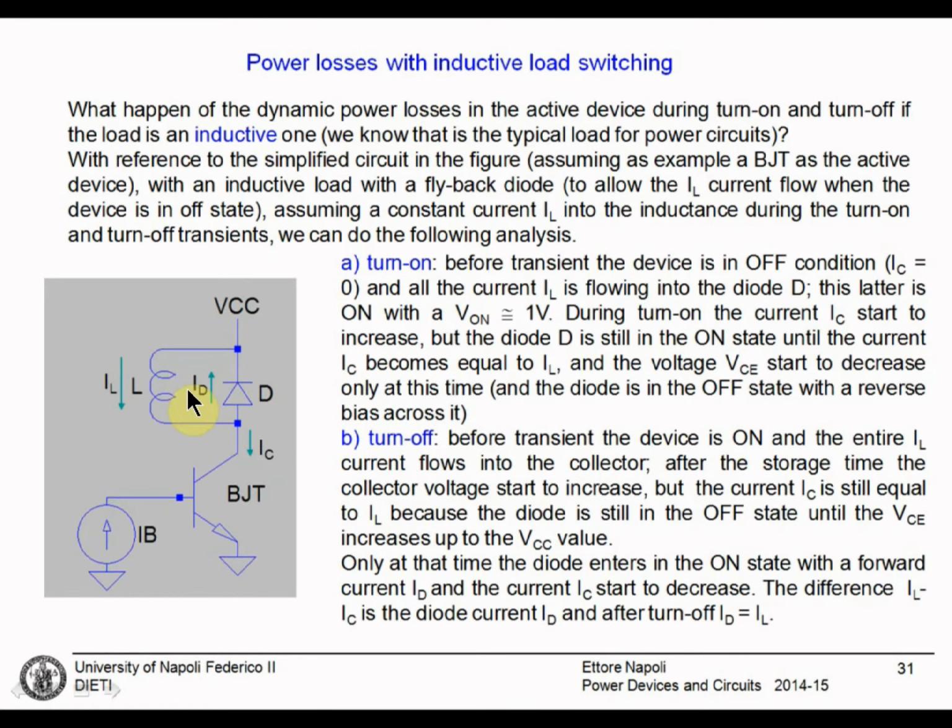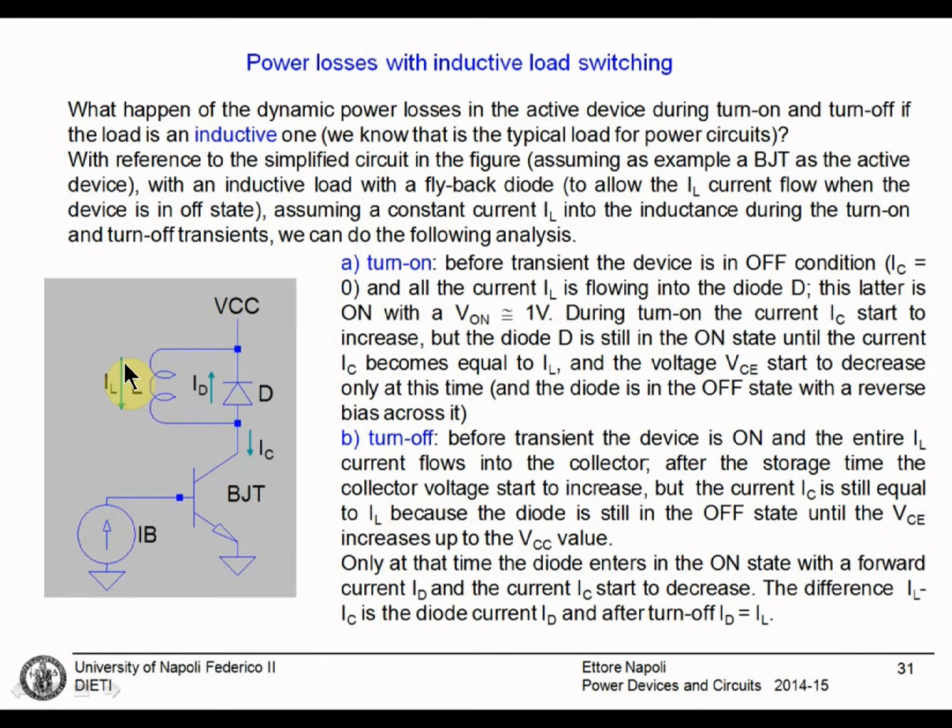Another important element is the freewheeling diode. This is always present because, as we said, if there is a current flowing through the inductance, it cannot be stopped instantaneously. And this means that you need a way, a path for the current.